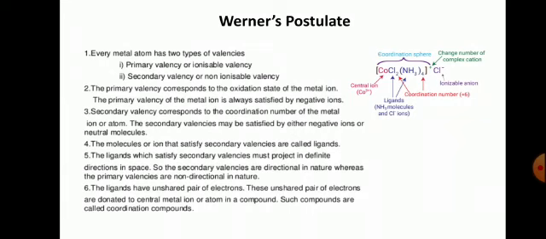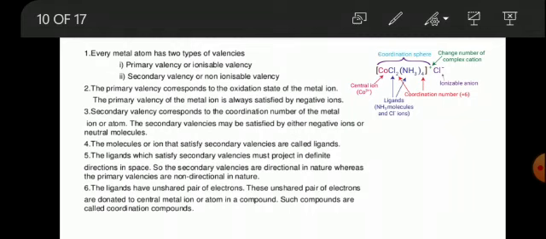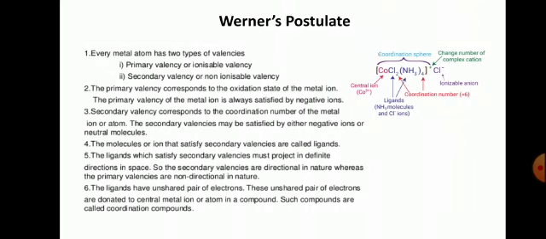The primary sphere is called the ionization sphere, and the secondary sphere is the coordination sphere. Werner further proved that the ligands present in the coordination sphere have a fixed geometry, and not the ones present in the ionization sphere.